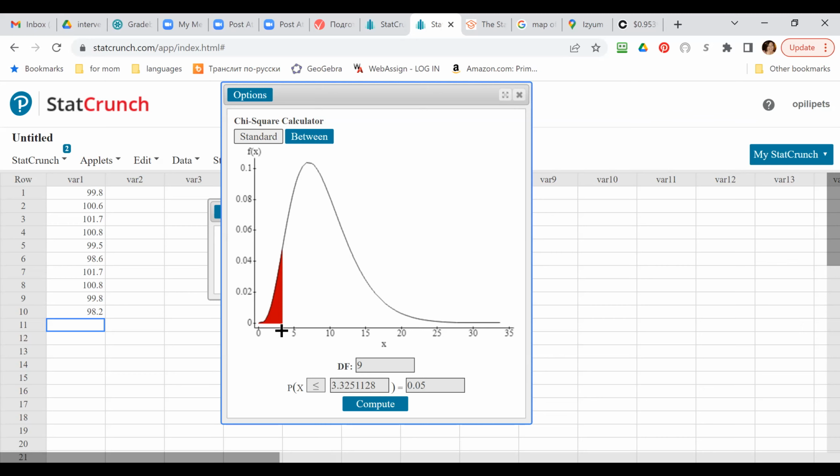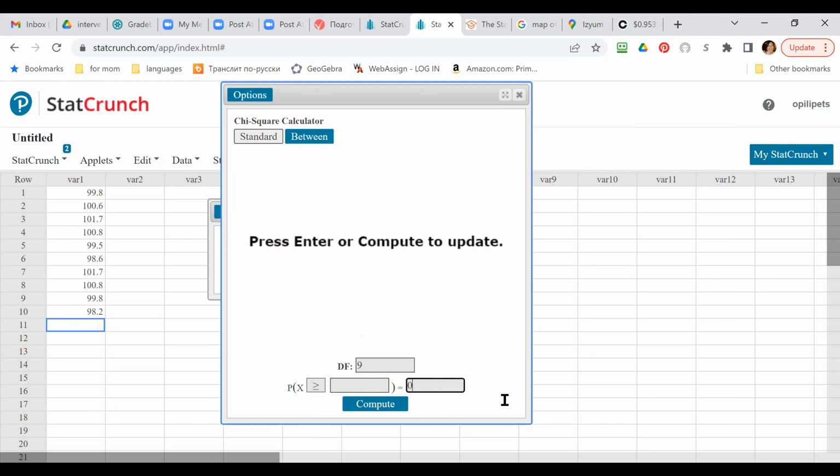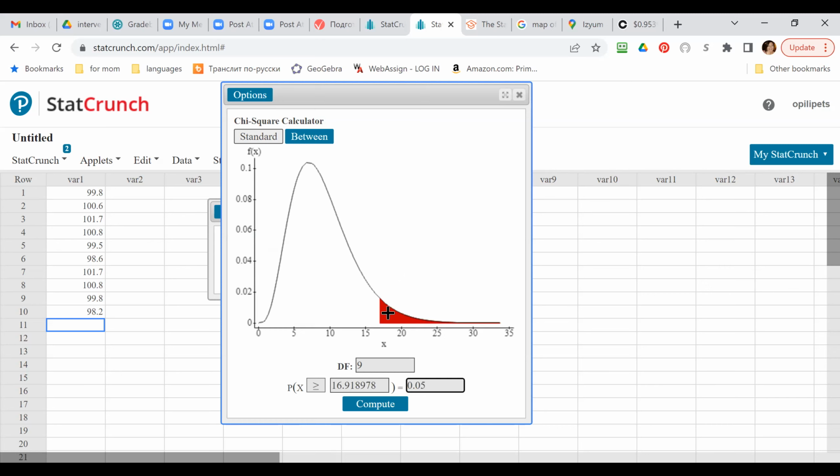And that chi-square value is 3.325. I'm going to round to 3 decimal places. Now I need to find another one on that side. So I'm going to switch the sign here, but also need to switch the area. And that chi-square value on the right now is 16.919.